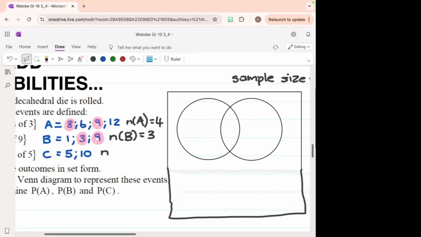And the number of outcomes for C is 2. So in total, my sample size is 12, right? The number of outcomes for A is 4. The number of outcomes for B is 3. And the number of outcomes for C is 2. Now, do you agree with me? There are some numbers that we're not even using.